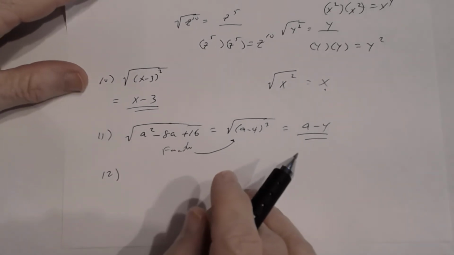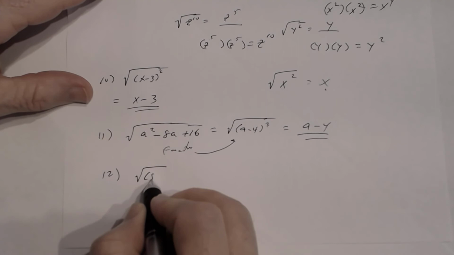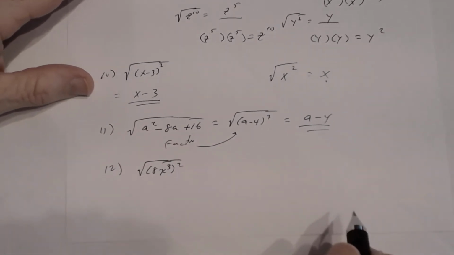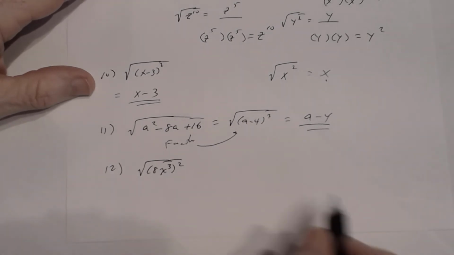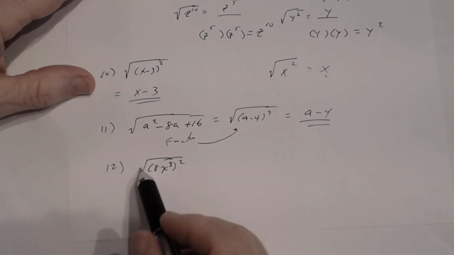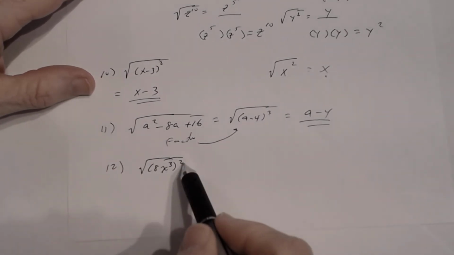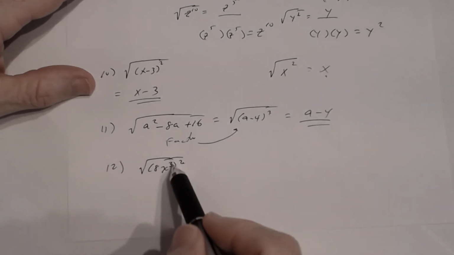Number 12, we have the square root of (8x cubed) squared. The square root of (8x cubed) squared. Don't make that difficult. Think about what that is. So I have, just like this, the square root of some base squared, right? And my base is 8x cubed.